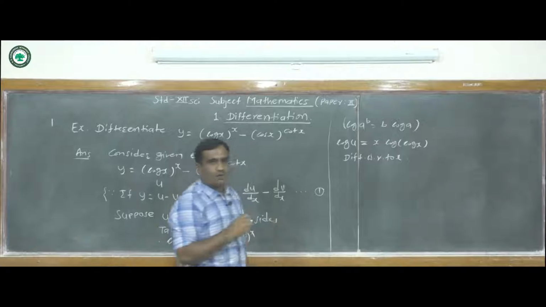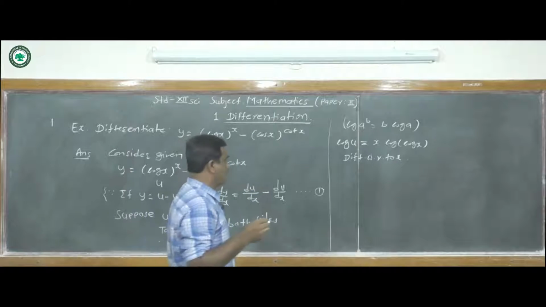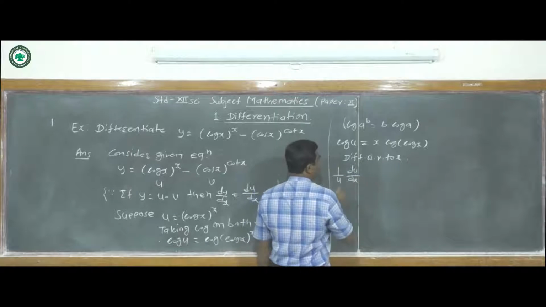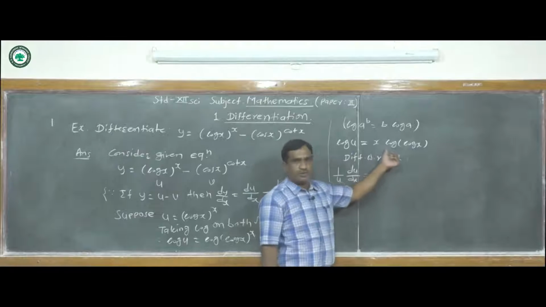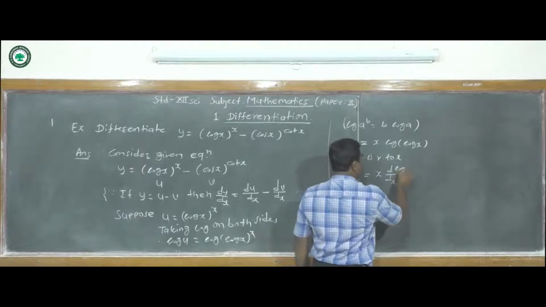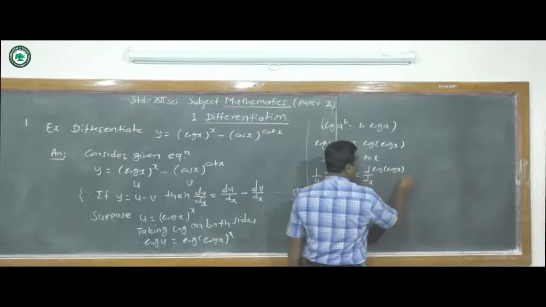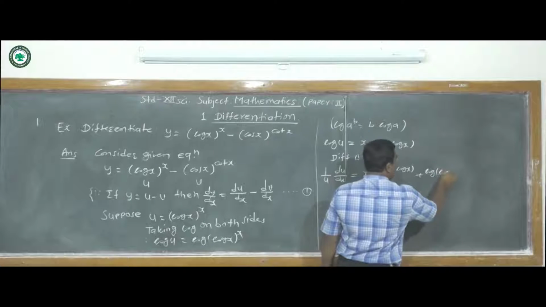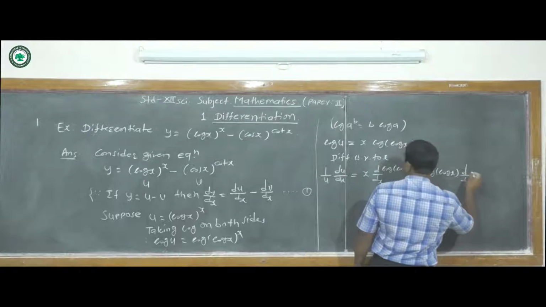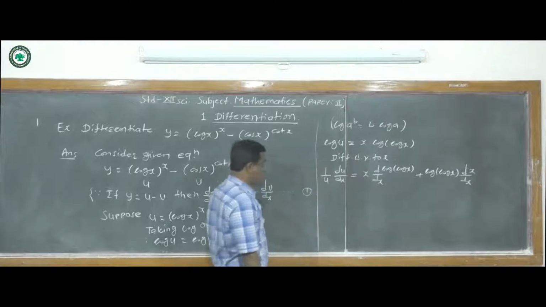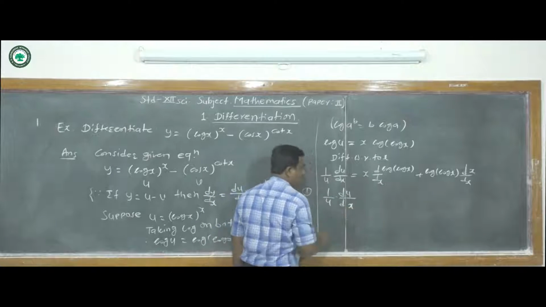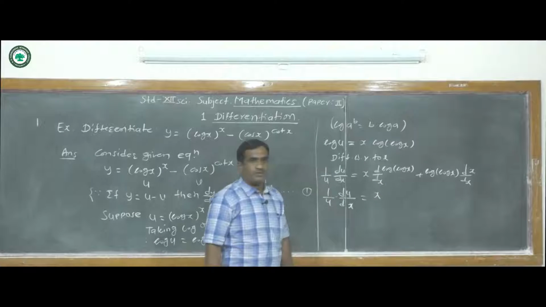Therefore derivative of log u with respect to x is 1 upon u into du by dx equal to, now we use the product rule: first function as it is into derivative of second function log of log x, plus second function as it is into derivative of first function, d by dx of x. Now further, 1 upon u into du by dx equals x into derivative of log of log x.